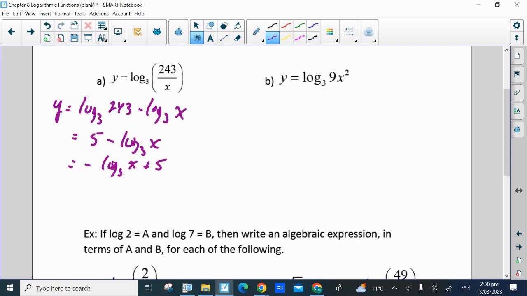So we've written the terms in the order that we're used to seeing them in. There's a negative 1 in front of the log base 3 of x. Remember, we're always comparing this to log base 3 of x. So that negative sign in front means that a is negative 1, which means you're going to have a reflection about the x-axis.